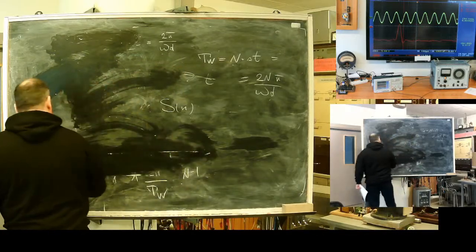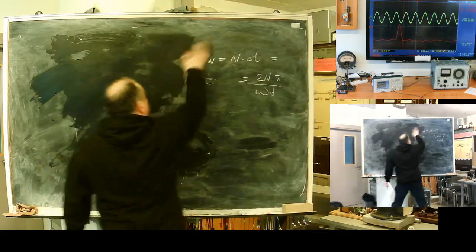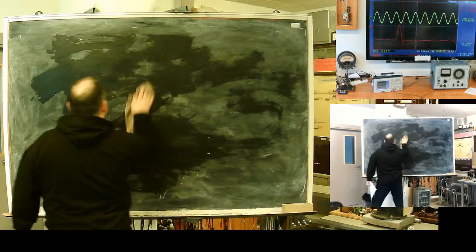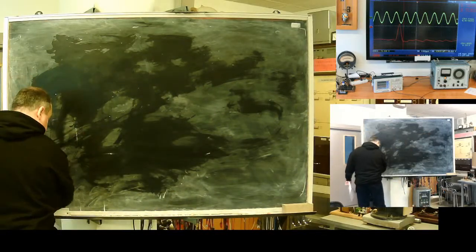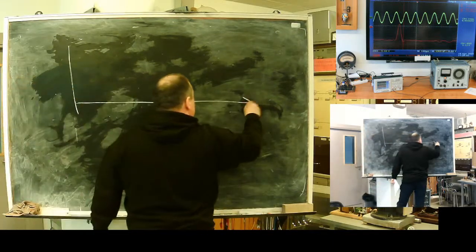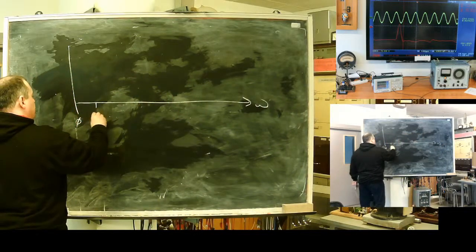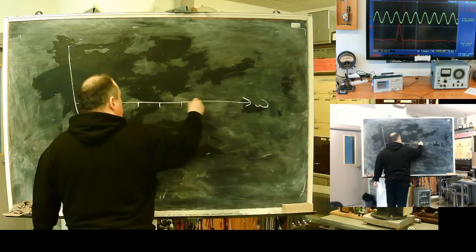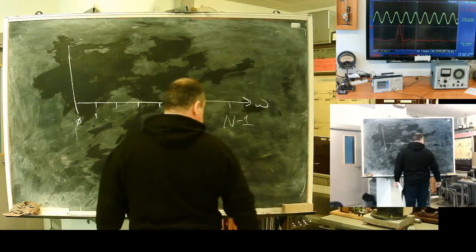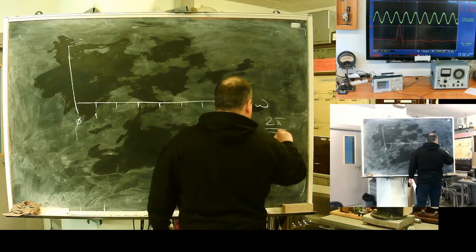Let me clean my window. This is the frequency scale: 0, first, and so on, up to N minus 1. Spacing is 2π divided by T.